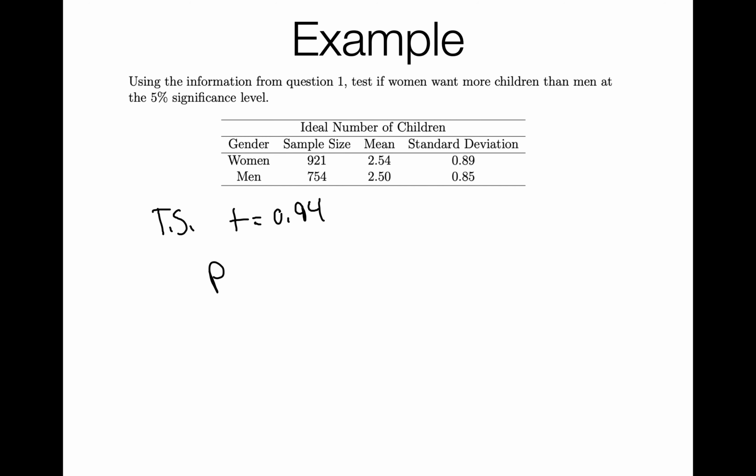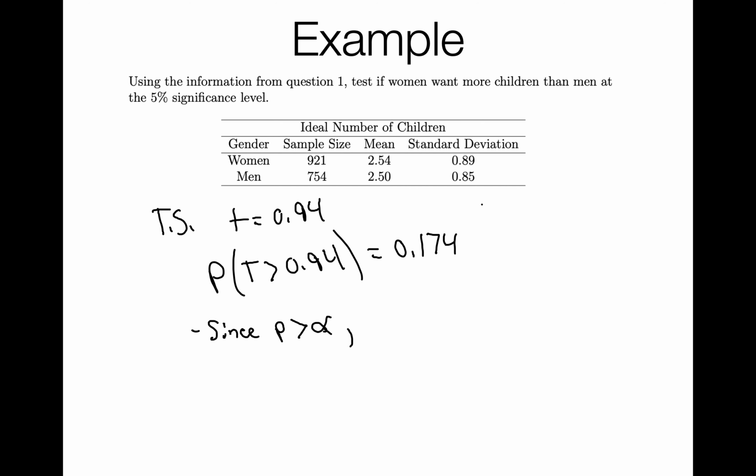P-value: the probability that t is greater than 0.94 is equal to 0.174. Decision: since the p-value is greater than alpha, we fail to reject the null hypothesis.